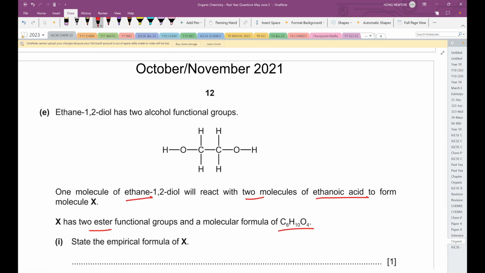So what is the empirical formula for X? Empirical means the simplest one. What is the simplest molecule for this one?